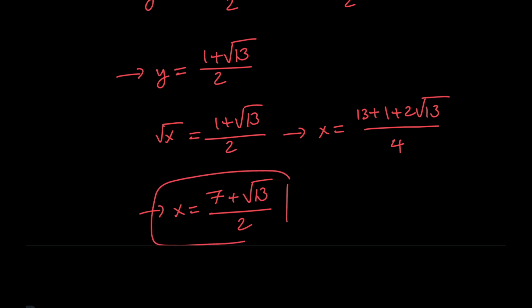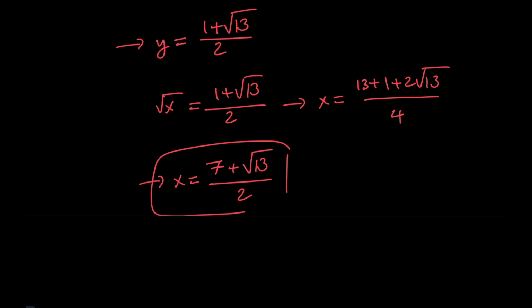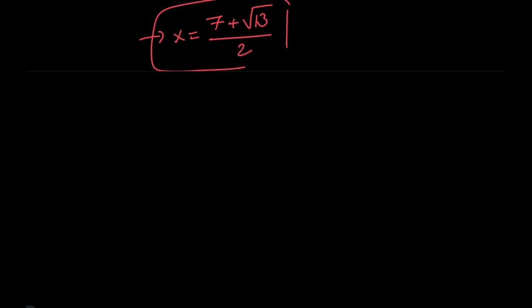Cool. Now, in order to validate this, let's go ahead and take a look at the original equation and plug it in the original equation and see if it satisfies the equation or not. So the original equation was 3 plus the square root of 3 plus root x equals x.